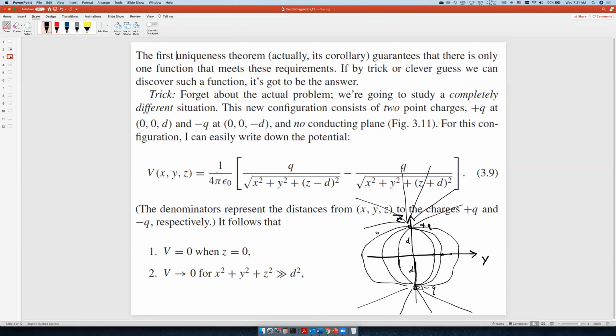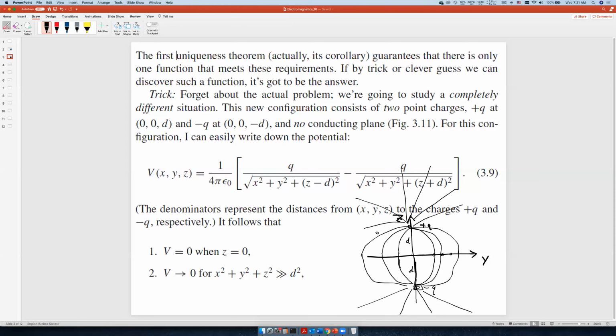Then V equals 1 over 4 pi epsilon times Q over the distance between positive Q and your location, subtracted by Q over the distance between negative charge and your concerned location. Then it becomes very easy.